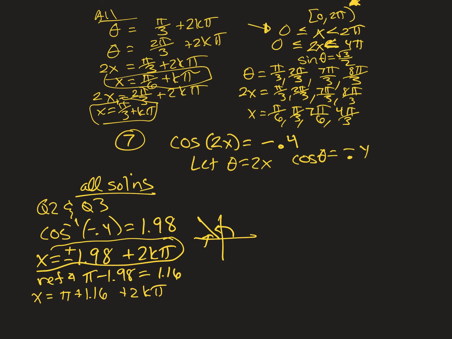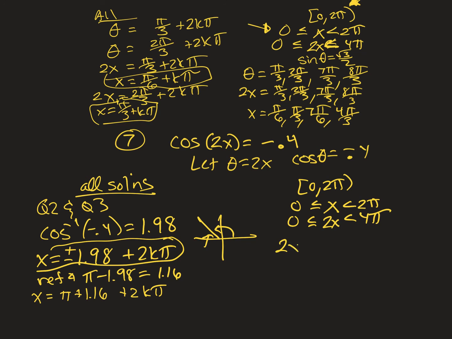But it's going to be different when we talk about, instead of all solutions, between 0 and 2 pi. And again, like before, if we're solving for x between 0 and 2 pi, that means when we first solve for theta or 2x, I'm going to be between 0 and 4 pi. So in this case, I'm going to be giving 4 angles.